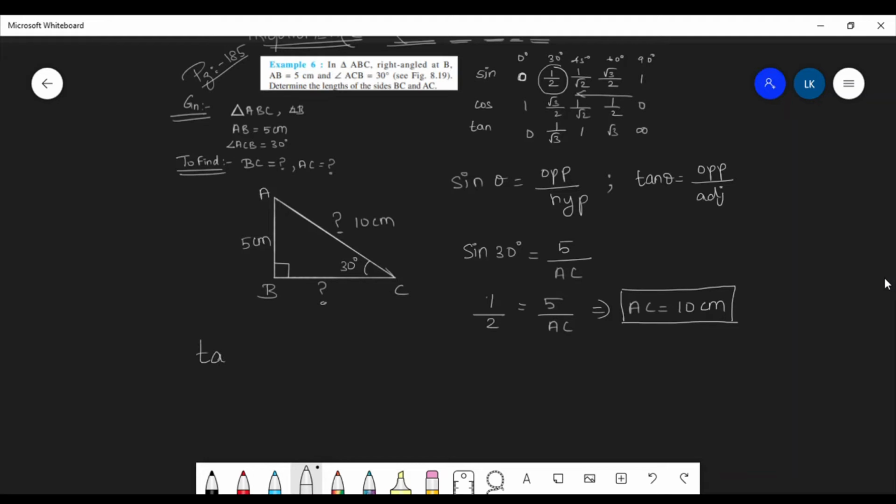Tan 30 degree is equal to opposite side by adjacent side. What is opposite side? 5. And adjacent side is BC. Okay, what is tan 30 degree? Tan 30 degree is 1 by root 3 from tabular column.